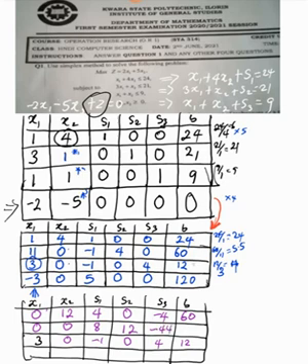Then we're going to have 60 times 3, which is 180, minus 12 times 11, that is 132. 180 minus 132 will be equal to 48.